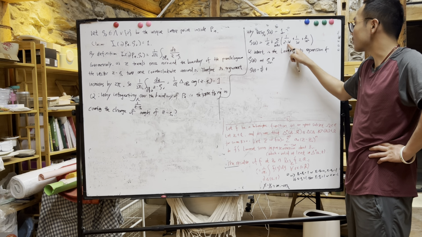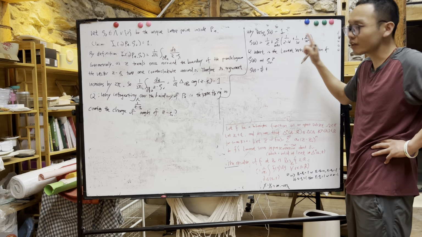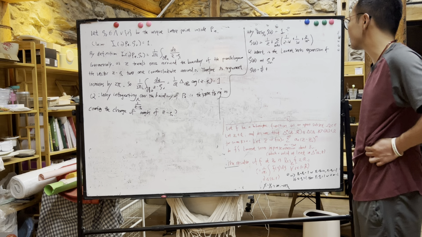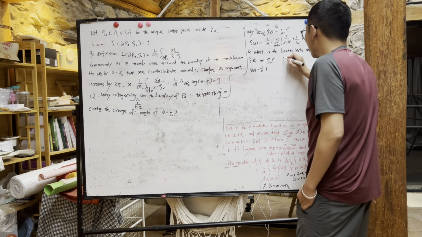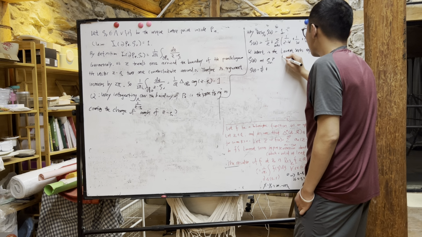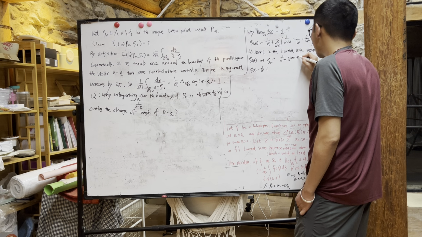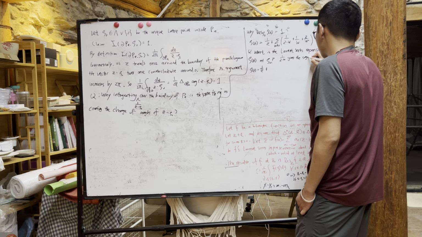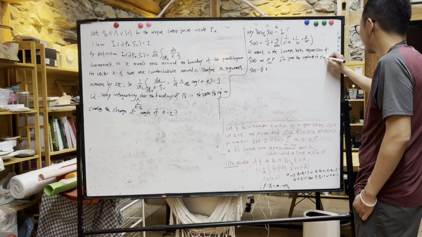This 1 over z minus omega function gives you the singularity at that lattice point. It gives the singularity of each lattice point.